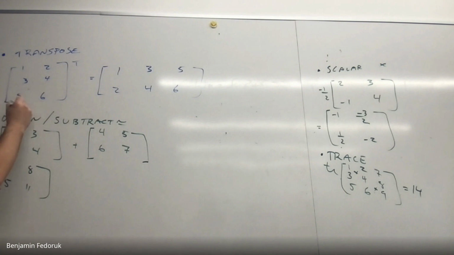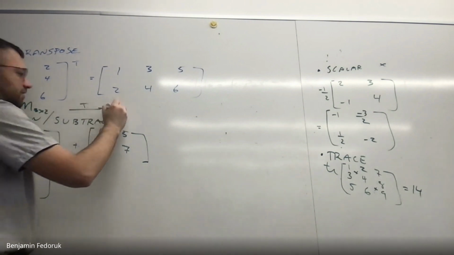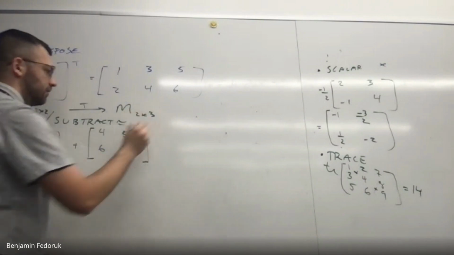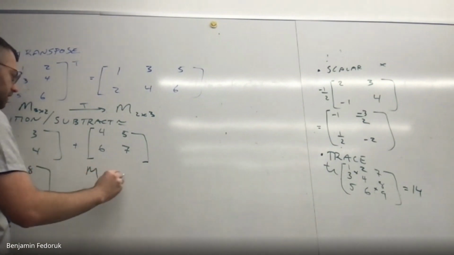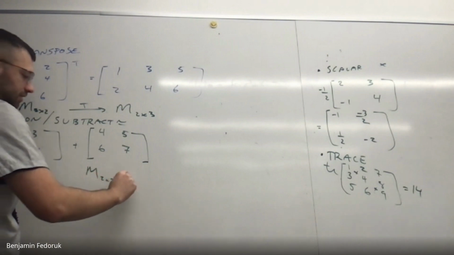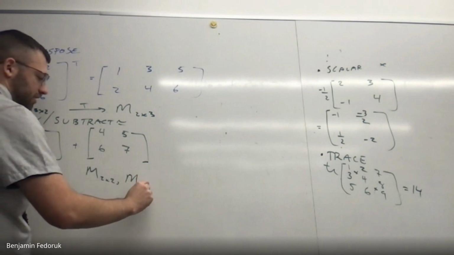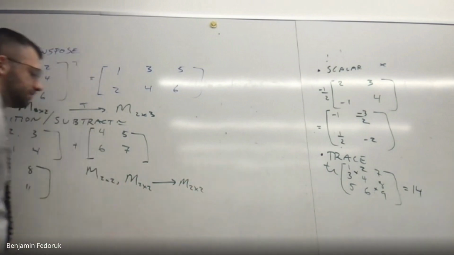Maybe we take a matrix that's 3 by 2, and when you take the transpose, it outputs a matrix that's 2 by 3. With addition and subtraction, it takes in two matrices, in this case 2 by 2 each, and outputs another matrix of the same size.